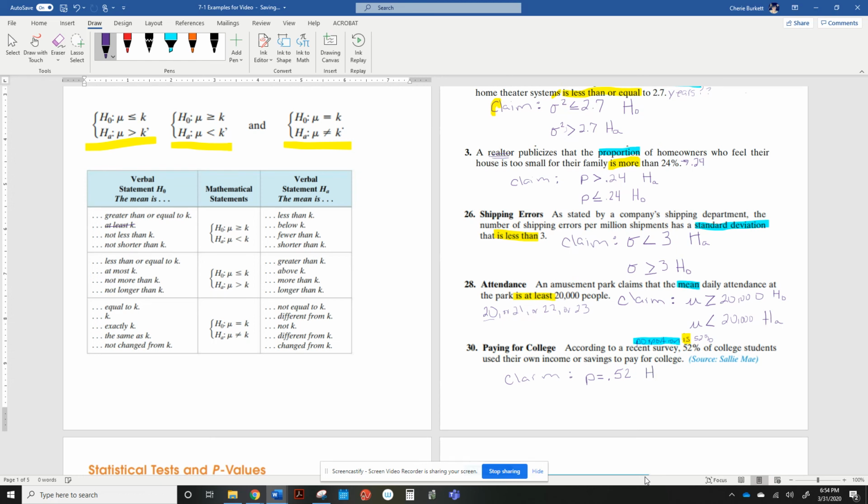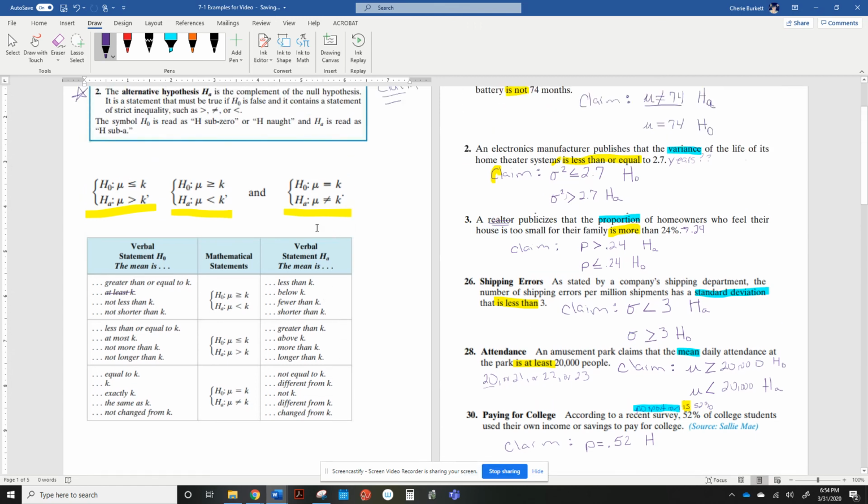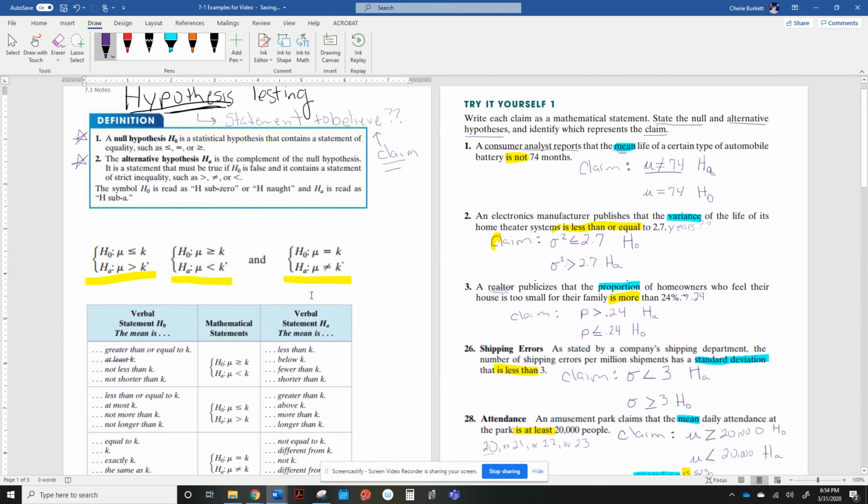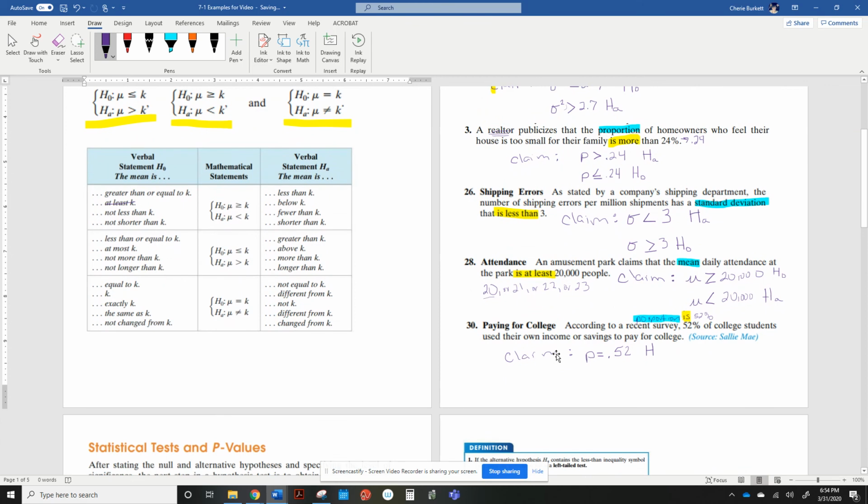Since it contains equality, which one contains equality? The null hypothesis contains equality. So that is the null hypothesis. And then what's the opposite of being 52%? Not being 52%. That's the one without equality, so it's the alternative hypothesis.